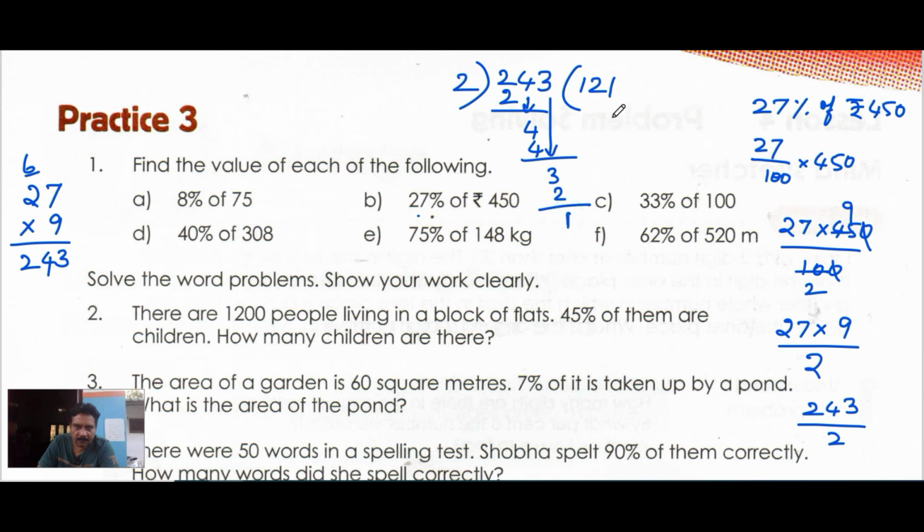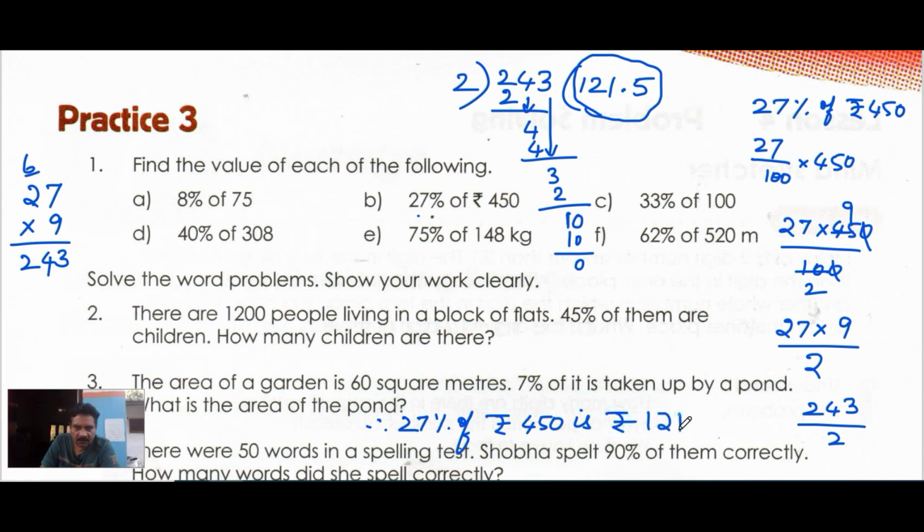Remainder 1. Keep the decimal and go for 0. 2 5s are 10. Becomes 0. It means this is your answer. So you have to write down at the last, 27% of rupees 450 is rupees 121.50 paisa. This is your answer.